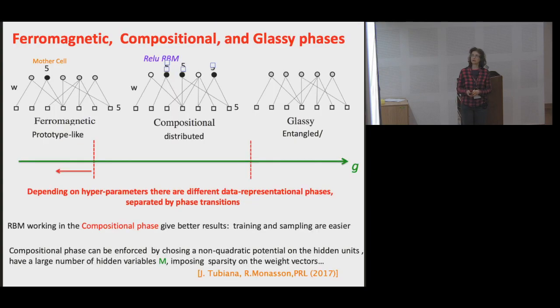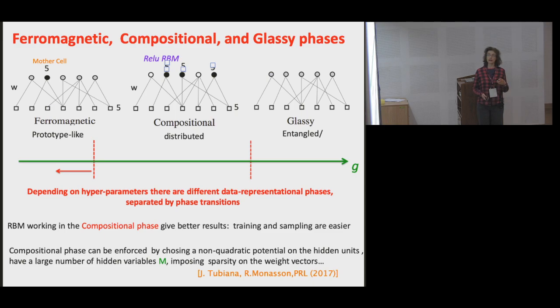And there is a work done by Jérôme and Rémy in which they have studied the statistical physics of learning, and they have seen that depending on the hyperparameters and on the potential you put on your RBM, there are different data representational phases which are separated by true phase transitions.